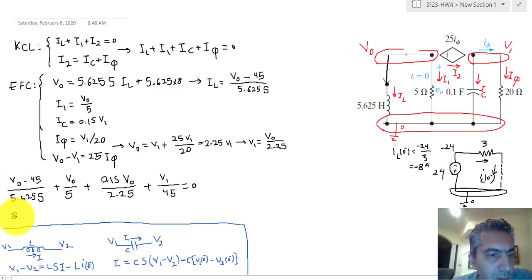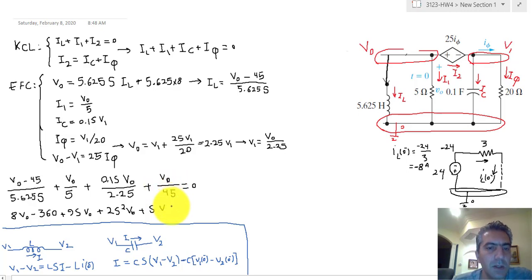So 8 times V out minus 8 times 45, which is 360, plus 45s times this becomes 9s V out, plus here becomes 20s, that's 2s² V out, plus s V, sorry, this has been V out, not V1. V out is equal to 0.